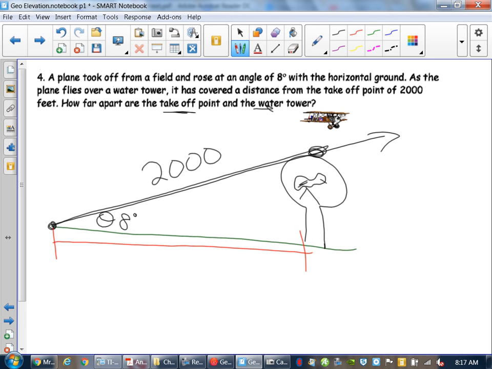So, according to our diagram, that horizontal distance is what? It's the adjacent. So what trig function am I going to use to find my adjacent? Cosine.